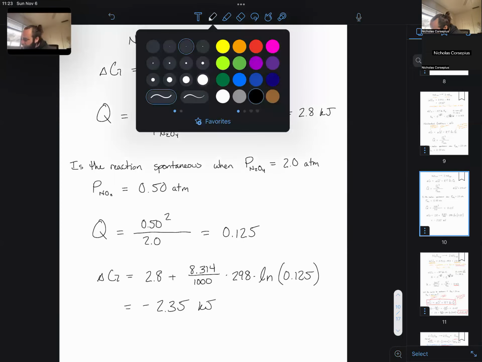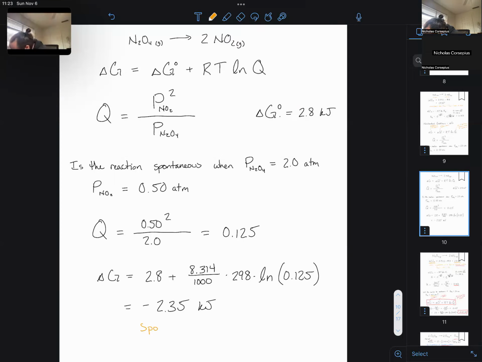And so this would be spontaneous at our initial pressure of our product of just 0.50 atm and our initial pressure of our reactant at 2 atm.